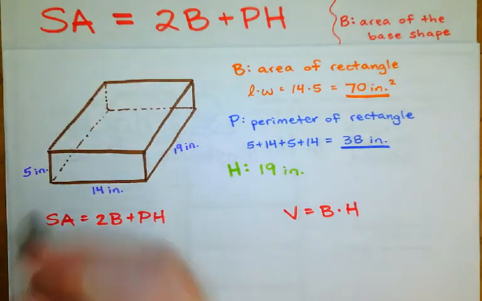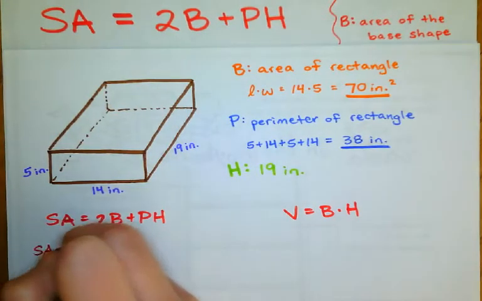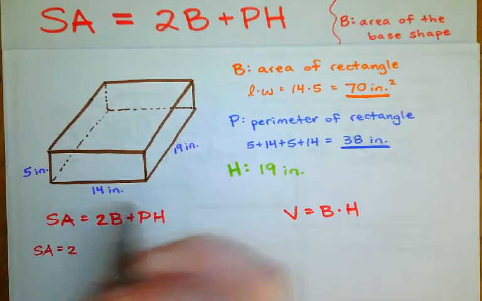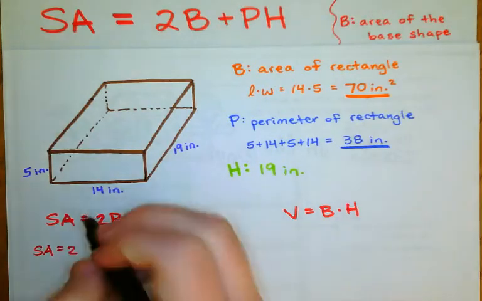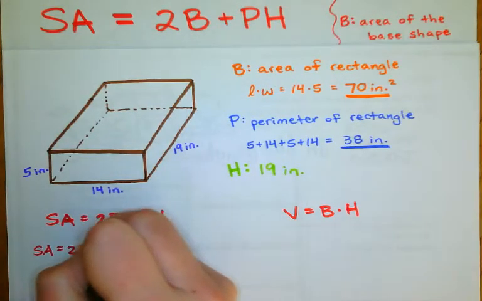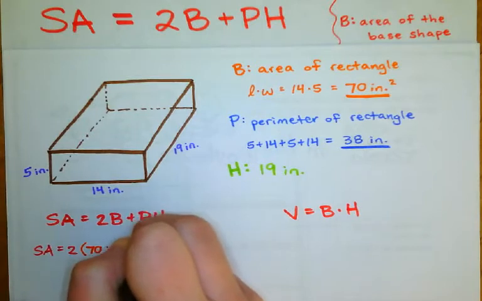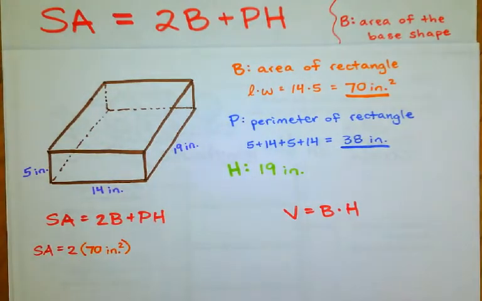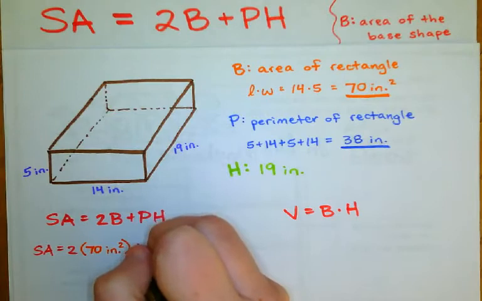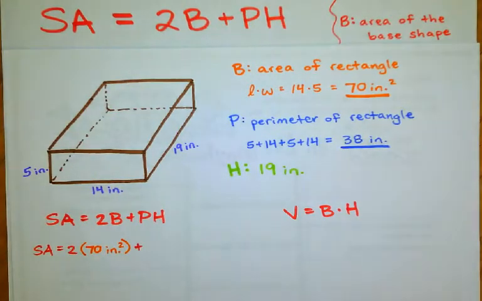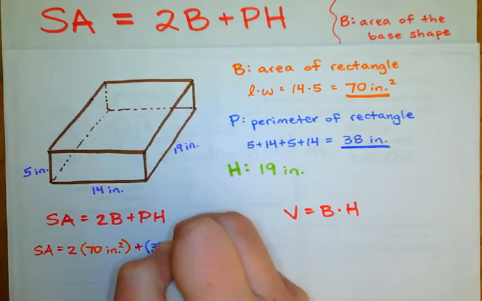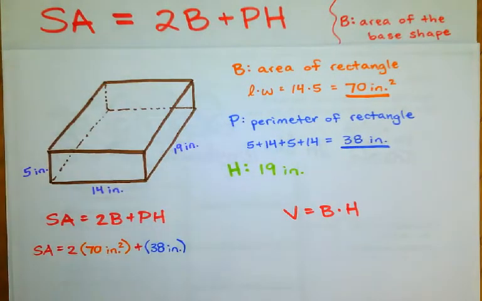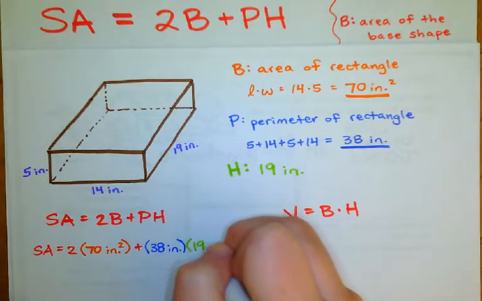Alright, so we know our surface area is 2 times our base, which is 70 inches squared, plus our perimeter times our height. So our perimeter was the 38 inches times our height, which is 19 inches.